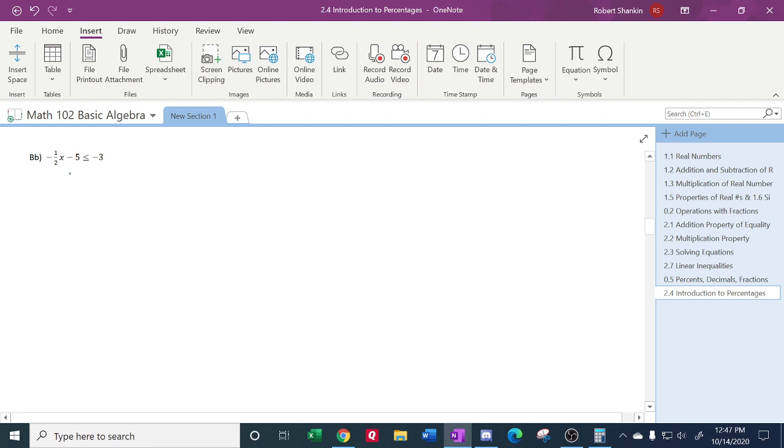Okay, so first step, there's no like terms on each side, so I'm going to move all the number terms over to the right.